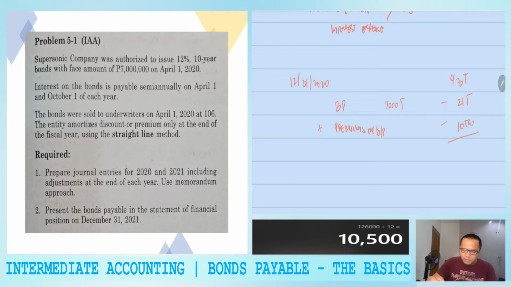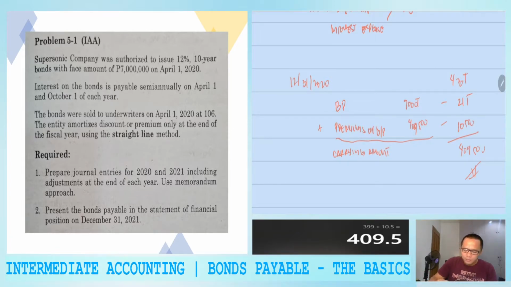So, the premiums on our bonds payable now is only 409,500. Okay? So, 7 million plus 409,500. So that is the carrying amount. Remember this, the term used, carrying amount.